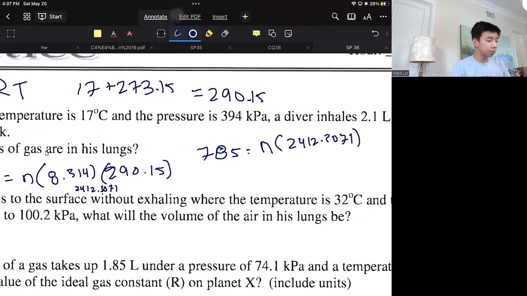We divide both sides by this big number right here. And so n is going to be 0.33, my calculator says 0.33 moles.